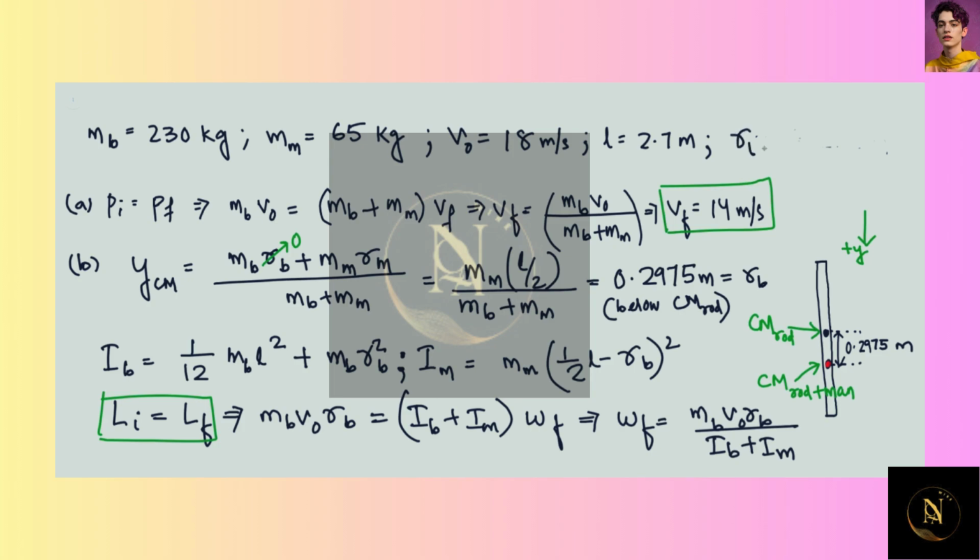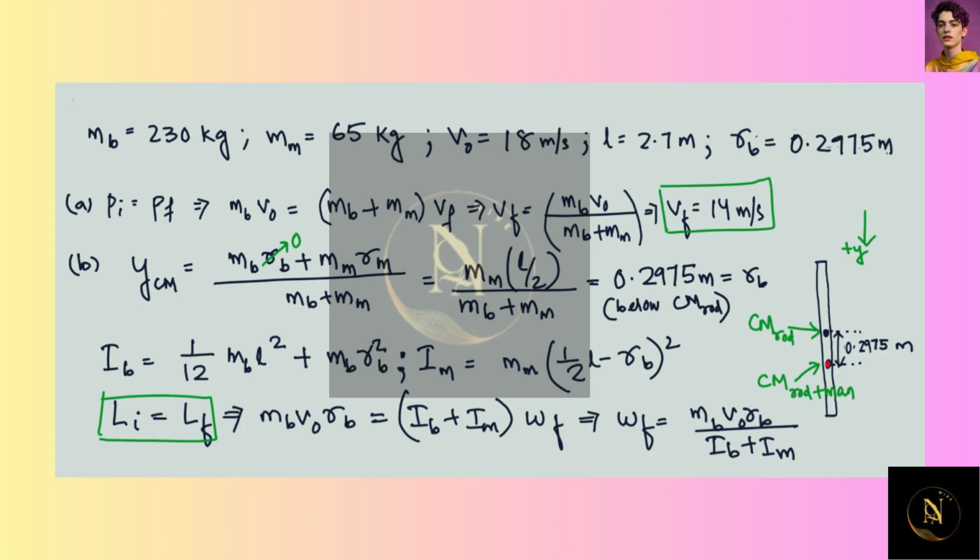Let me just write it over here so that we have all the values listed in one place. Remember that this distance is the distance of the center of mass of the rod plus man system from the center of the rod, center of mass of the rod, I'm sorry.